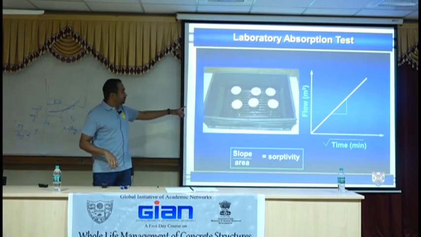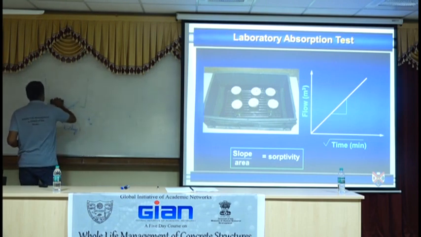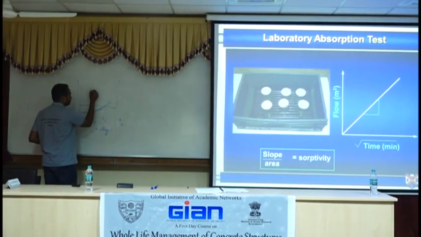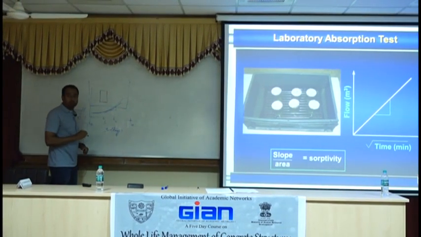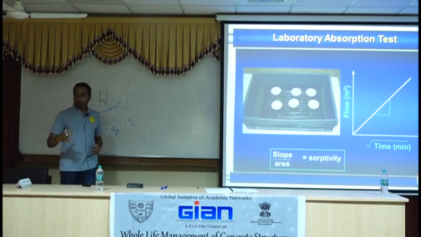So in this case, what they've done is exactly like this, but they put the concrete this way so that the water can go through only this surface. And they very likely have sealed these two surfaces, which means the surface area is the minimum area that's exposed.